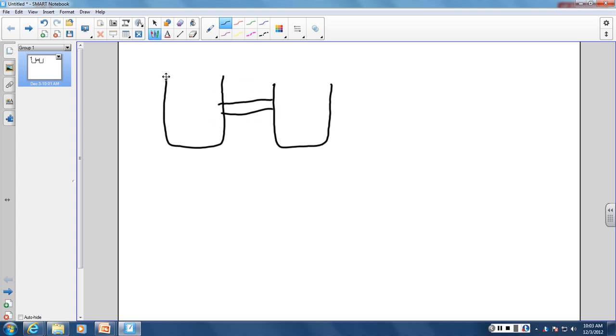Don't worry about that, just imagine that they're connected. I have the line there connecting them, but you don't see where the fluid in one can actually enter the other. So let's just say this is container A, this one's container B.